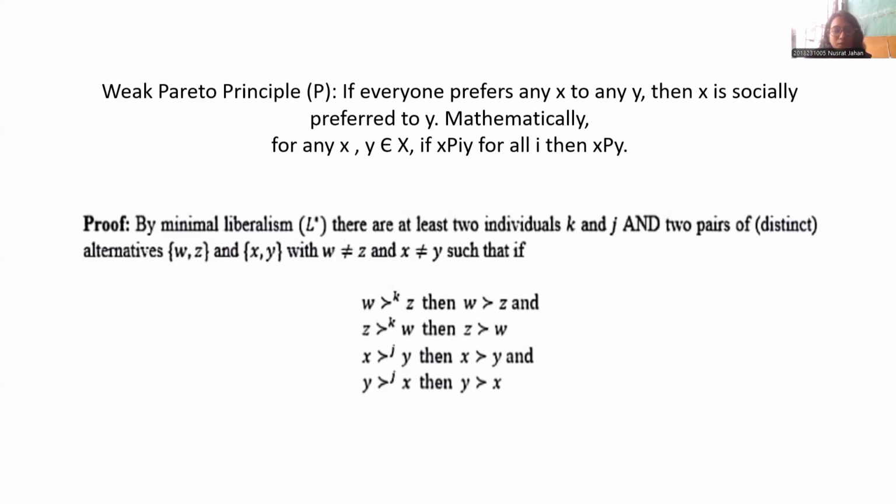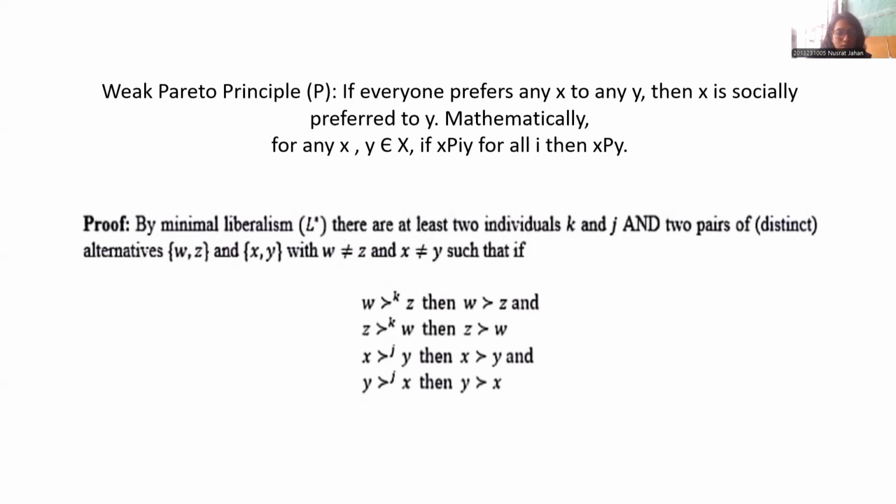By minimal liberalism, there are at least two individuals, as the question said, K and J, and two pairs of alternatives, WZ and XY, where W is not equal to Z and X is not equal to Y. That means the alternatives are not identical. If W is preferred to Z by individual K, then W is socially preferred to Z, and vice versa.